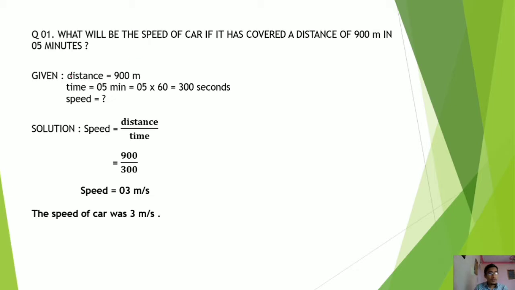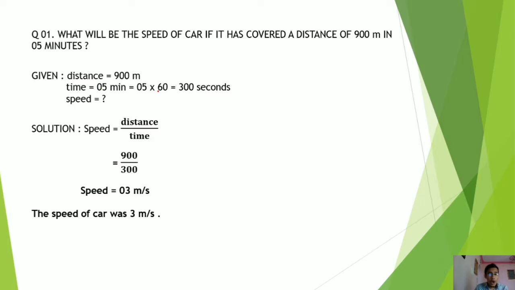First we will write the given. As we have been provided with the distance, first we will write distance equal to 900 meters. Then time is 5 minutes. But the SI unit of time is seconds, so we want to convert this 5 minutes into seconds.